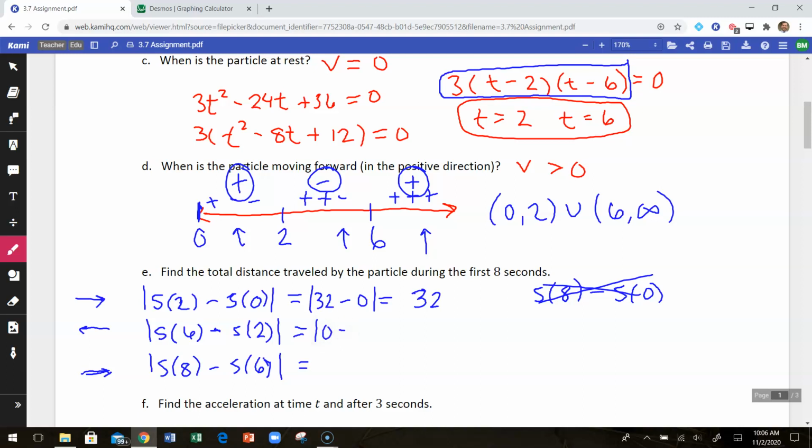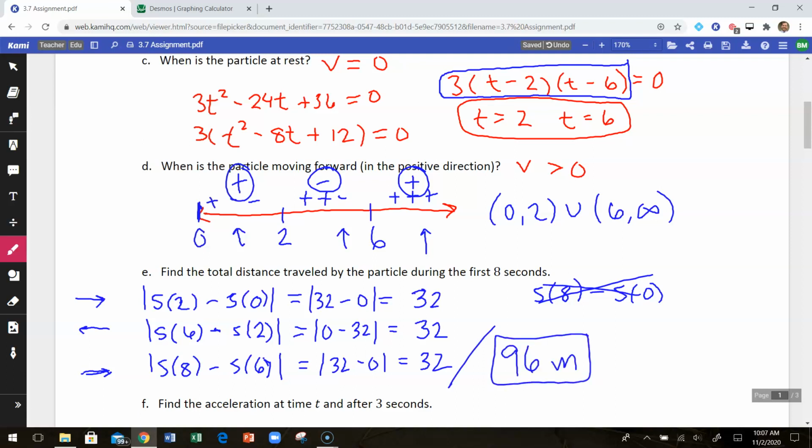This would be 0 minus 32, so it moved backwards 32 meters, but that means it traveled a distance of 32 meters. And then this was 32 minus 0. I should warn you, you're not always going to get the same values here, so be careful with that. But that would again be a distance of 32. Add all those together, that means we traveled 96 meters. That particle traveled 96 meters over that first 8 seconds.